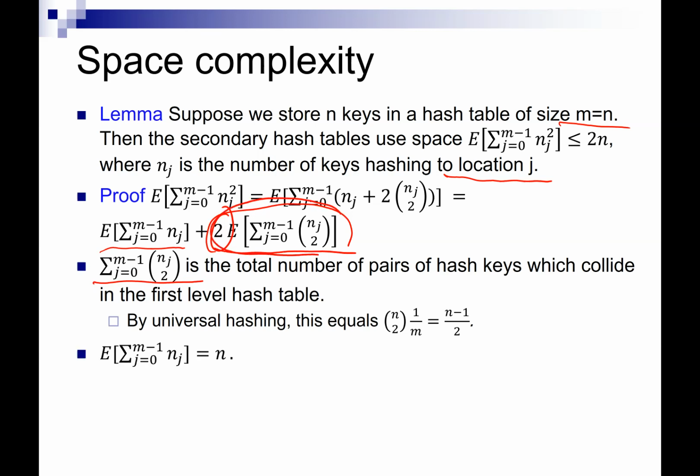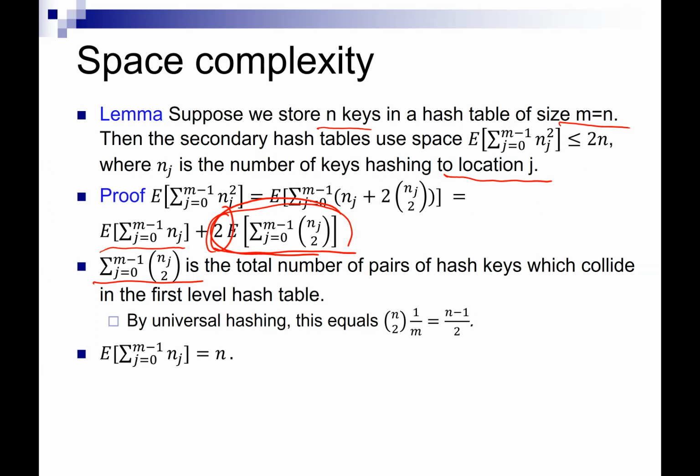And then for the first term, this is easy because nj is the number of keys that went to location j. So if you sum over all the possible locations in the first layer hash table, then you're just going to get n, because every one of your n keys had to go to some location in the first layer hash table.